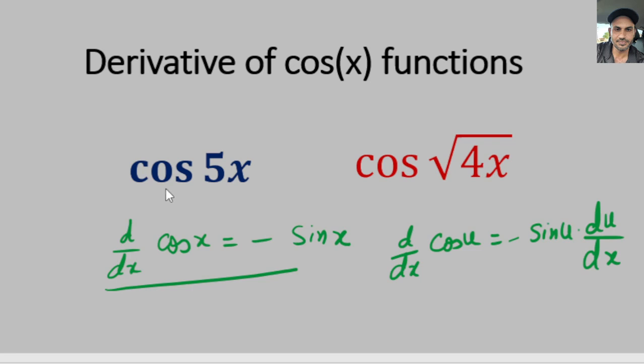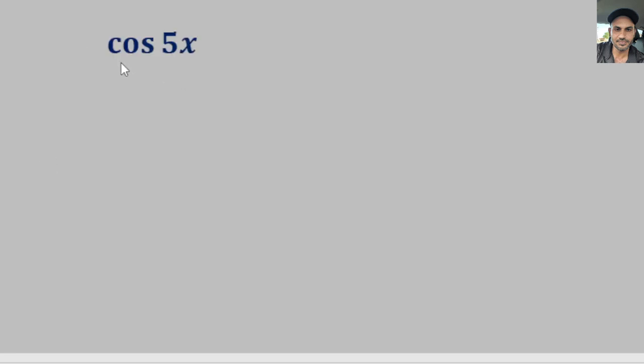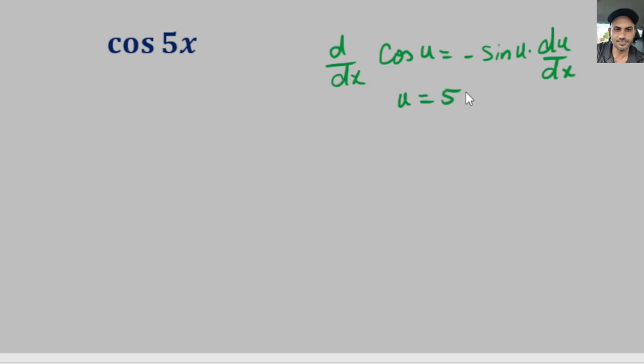So now we have this cosine of 5x. Here we're going to apply the chain rule. The derivative of cosine of u equals negative sine of u times du over dx. Now here u equals 5x.